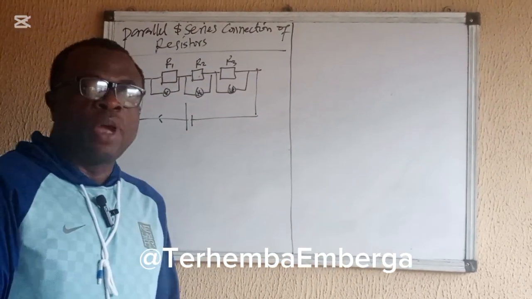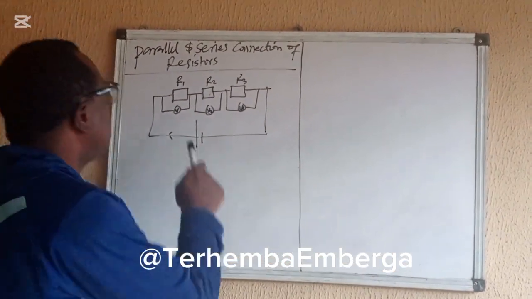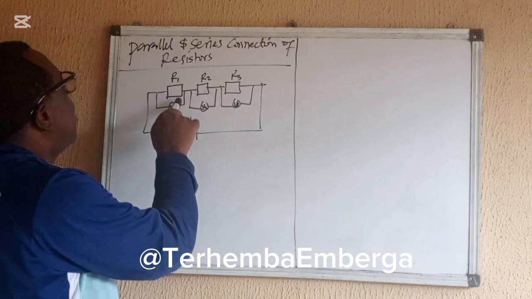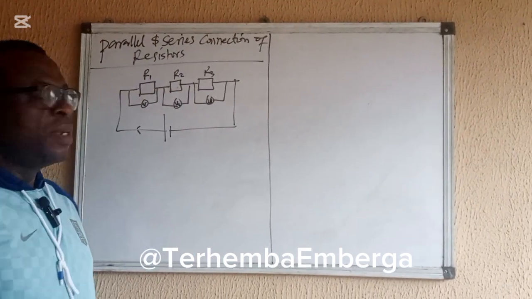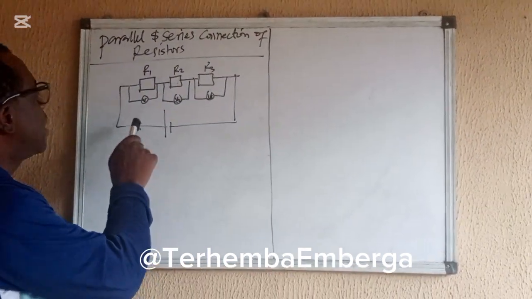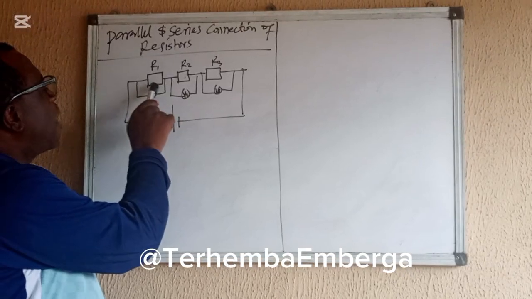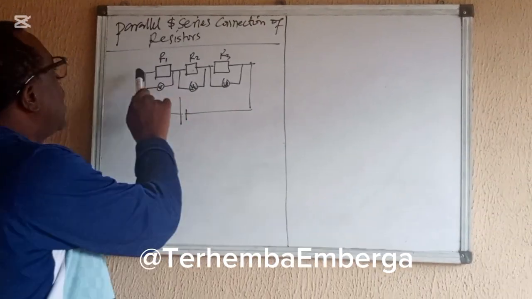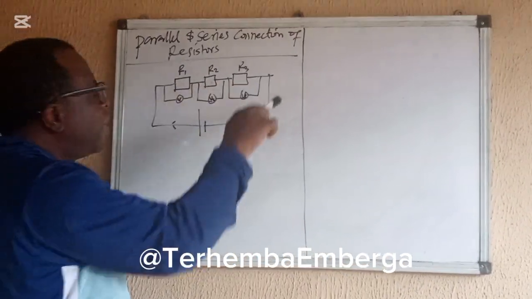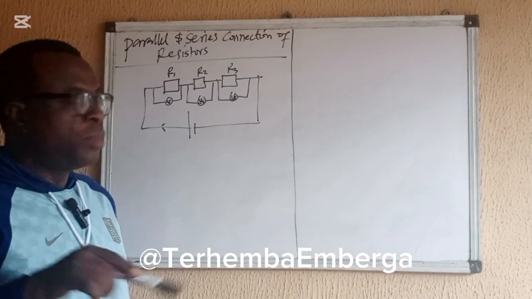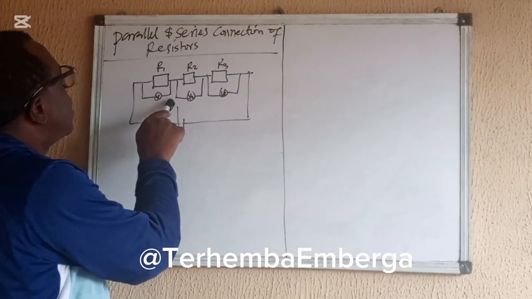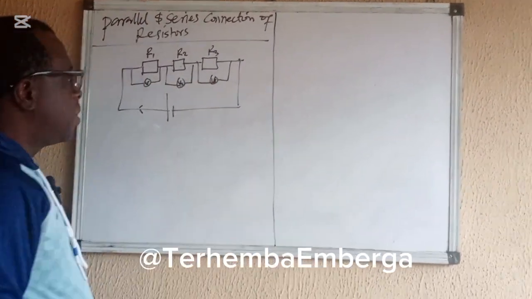So if you are to measure the potential difference, you need to connect the voltmeter parallel to the resistor. So what I want you to know here is that when resistors are connected in series, the current passing through each of them is the same or common, but the potential difference will be different.